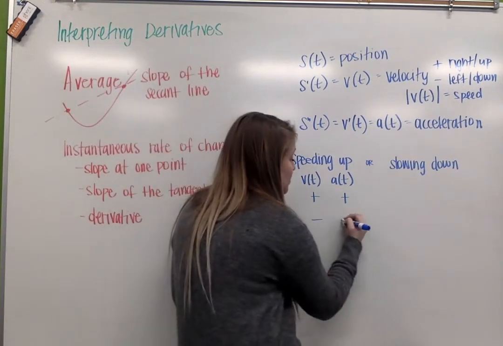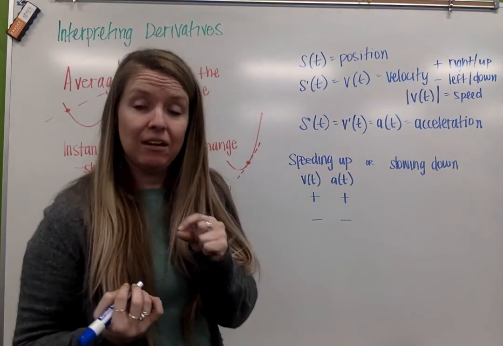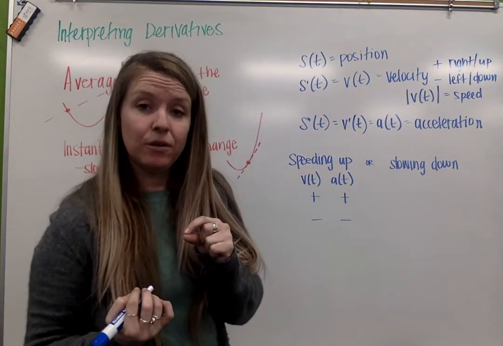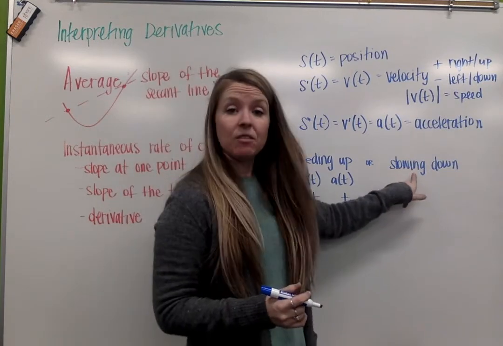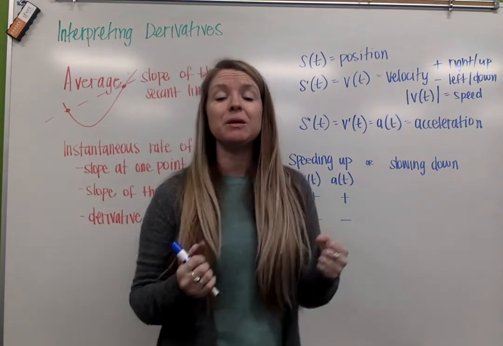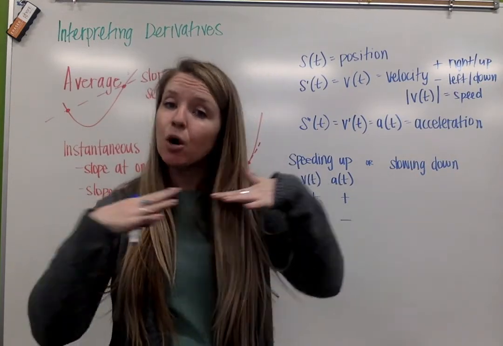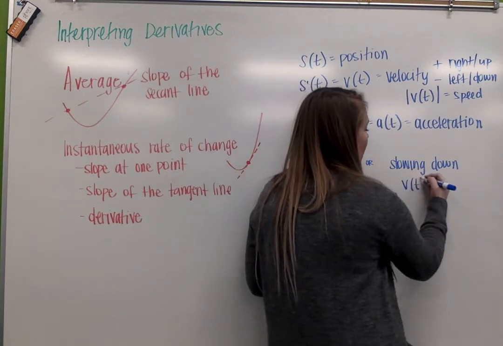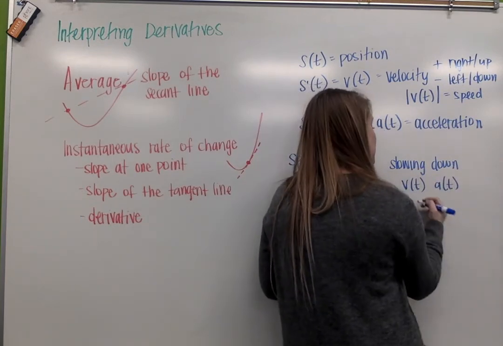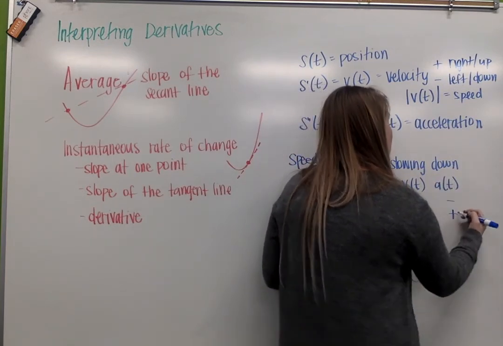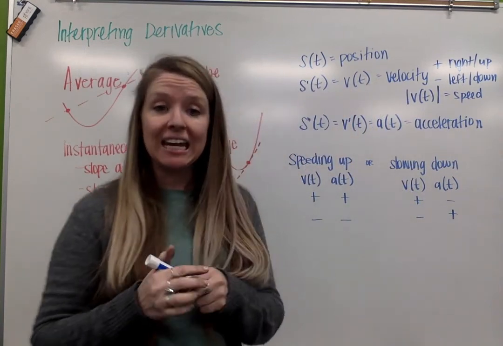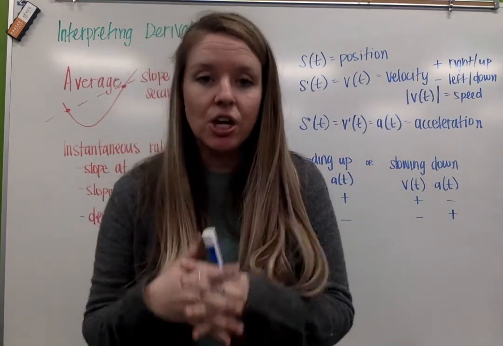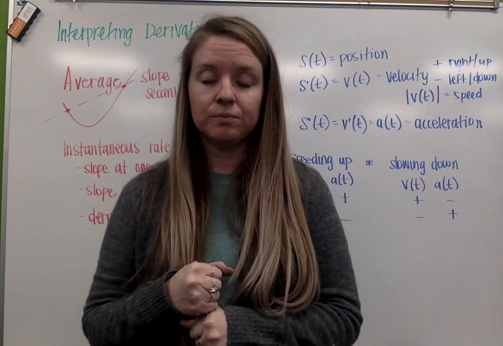If my velocity and my acceleration are both negative, my particle is speeding up. It's increasing in speed. But if my particle is slowing down, that's because my acceleration and my velocity are working against each other. So there's a little bit of friction or tension there. So if my velocity and my acceleration are opposites, one is positive, the other is negative, they are working against each other and our particle is slowing down.